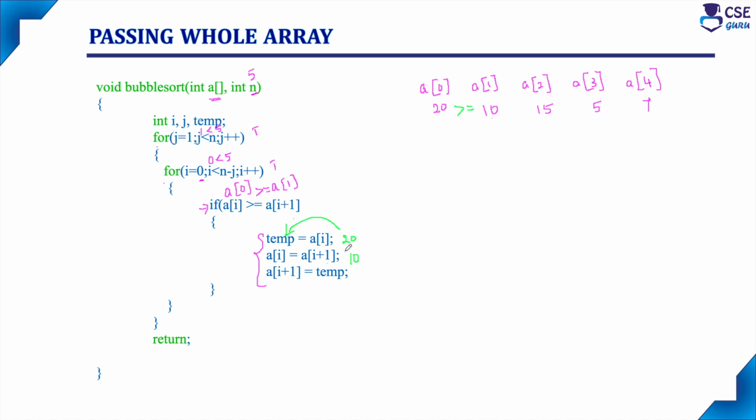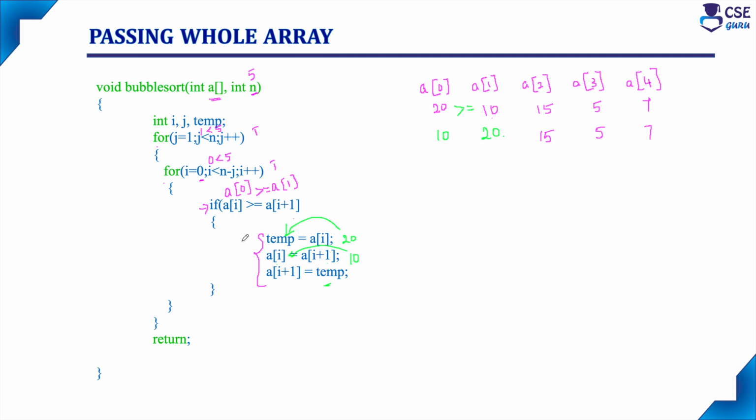That will be stored in A of i, A of i is 0. And then what we have stored in temp will be stored in A of i plus 1 position. Simply the meaning is exchange these two elements. So now exchange 10 and 20. Okay. Now these two elements got exchanged, and the remaining elements will be the same as they are.